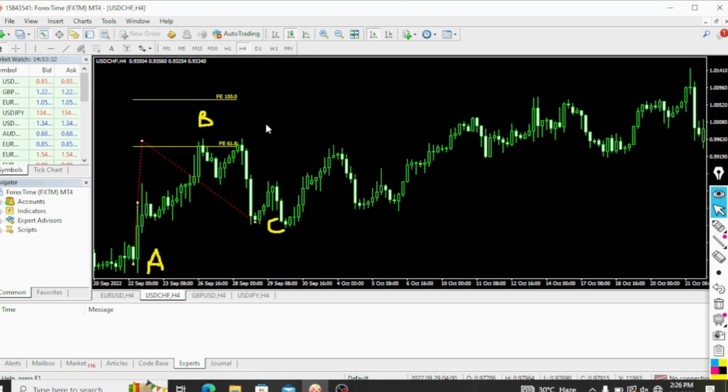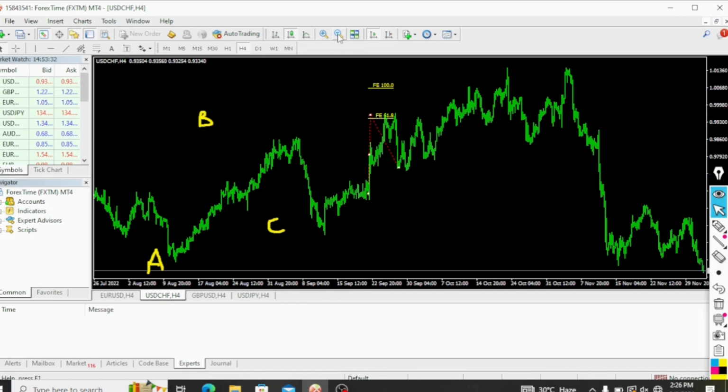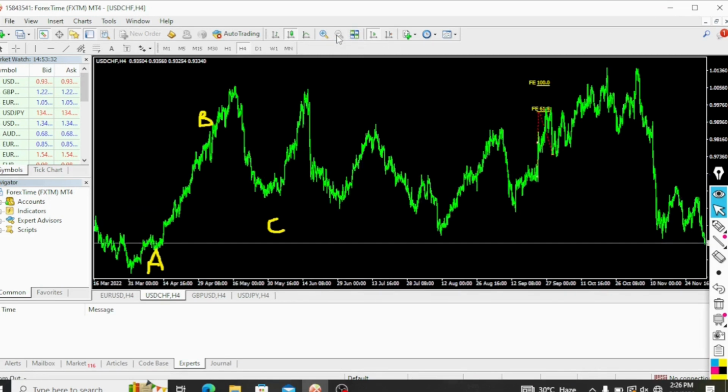All right, but I just want to show you that the main purpose of this instrument is just to estimate your profit. So if you minimize your chart, like how we do, you will be seeing it. You see the line there, 161.8, which is at this level.